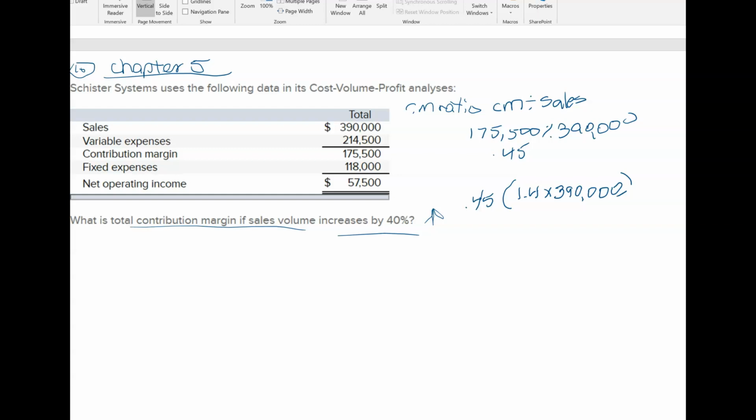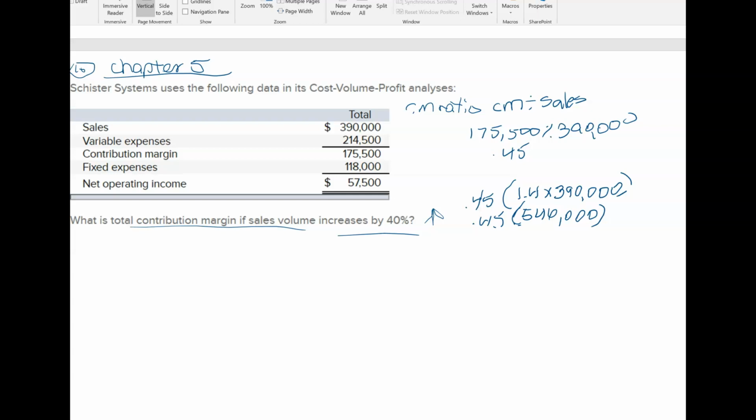Or we can multiply it by 1.4 and get to the answer directly. So that's 0.45 times 546. If we increased our sales by 40%, our sales would be 546,000.